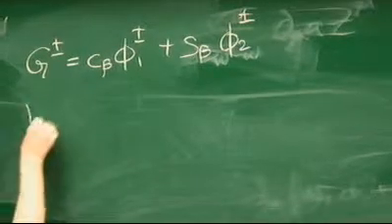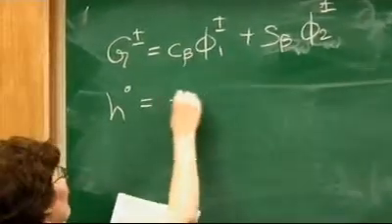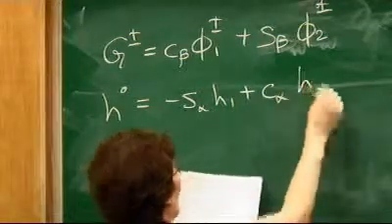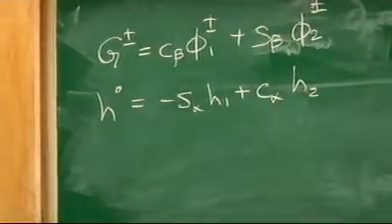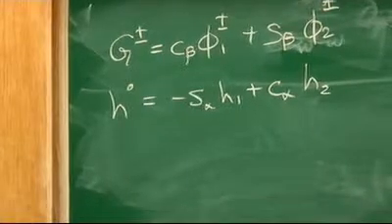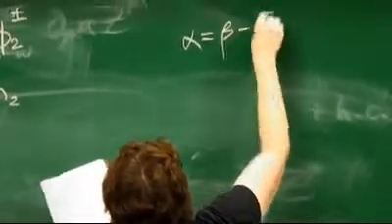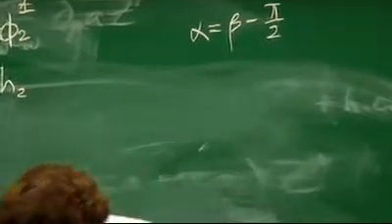If you look at little h, okay, when you set beta minus alpha equal to pi over 2, that means that alpha is beta minus pi over 2, okay?